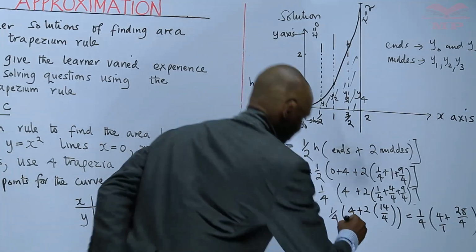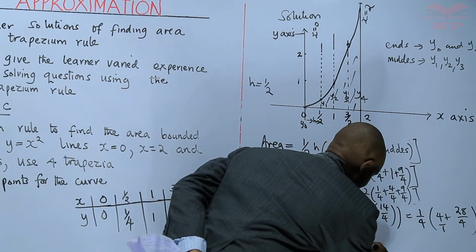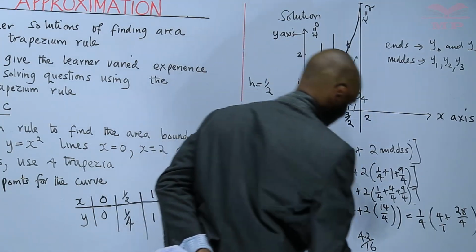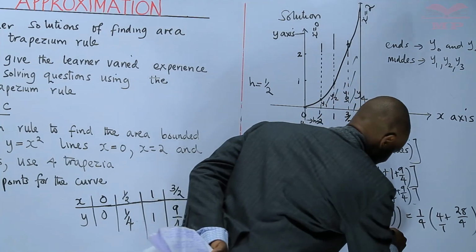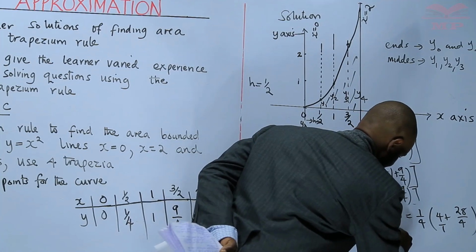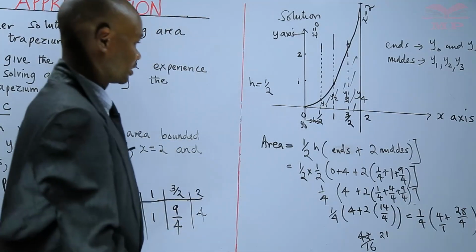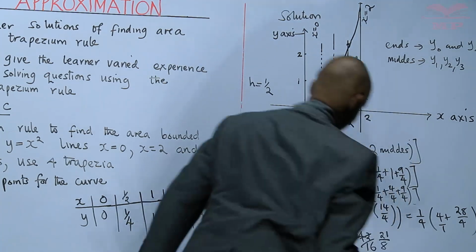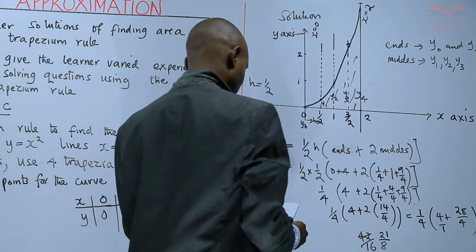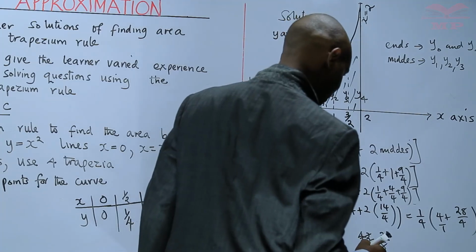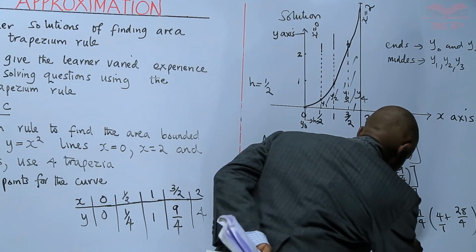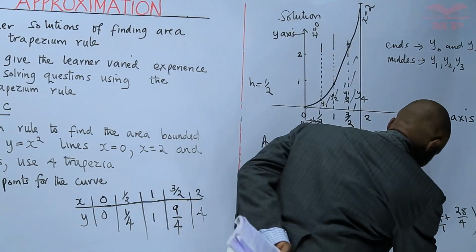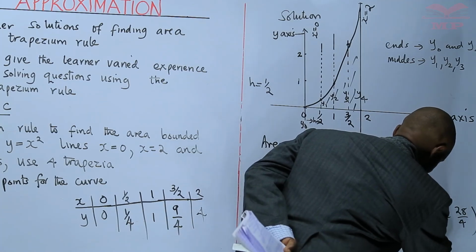So it's 42 over 16. 2 goes there, 21. 2 goes there, 8. So the answer will work to 2 and 3 over 8 square units.